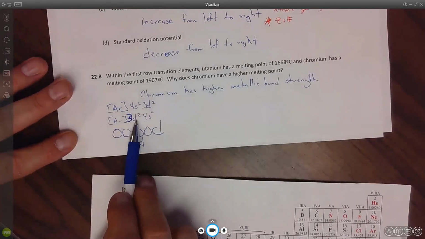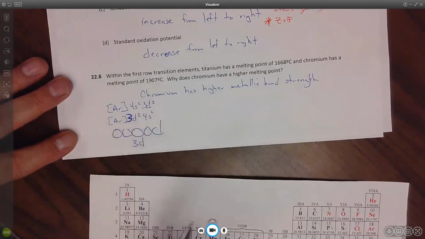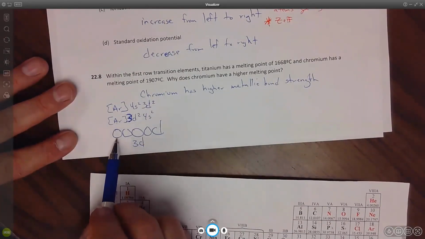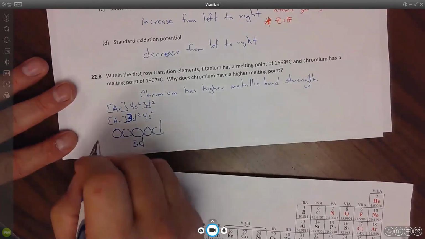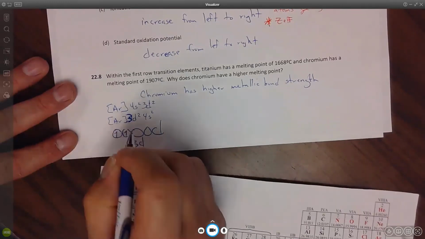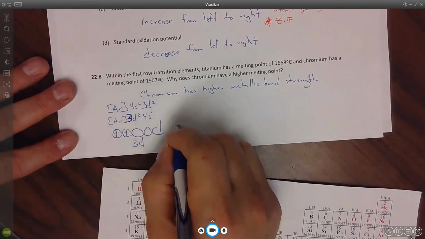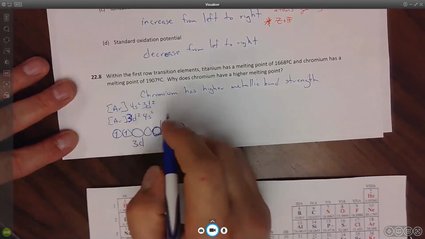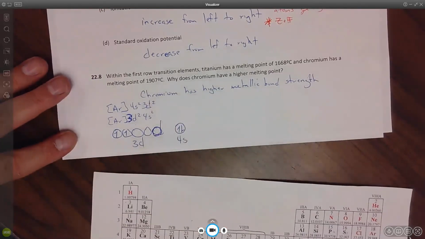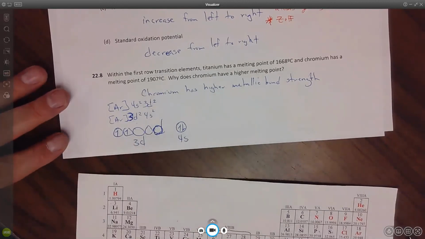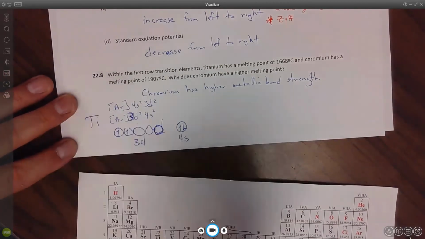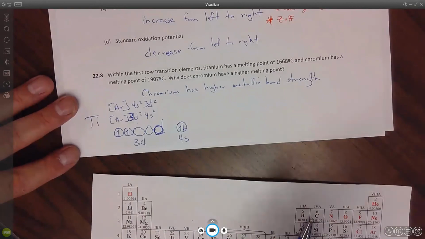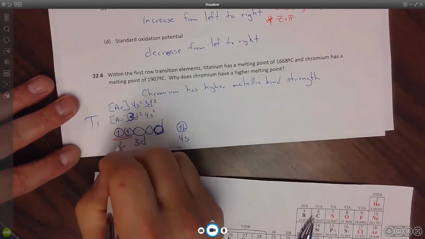How do I fill them? Put a single arrow in one, then a single arrow in another one. Hund's rule says we've got to fill them singly. And here's the 4s, and it has 2 electrons, 1 up, 1 down, so it's filled. So how many unpaired electrons does titanium have? 2. 2, right?